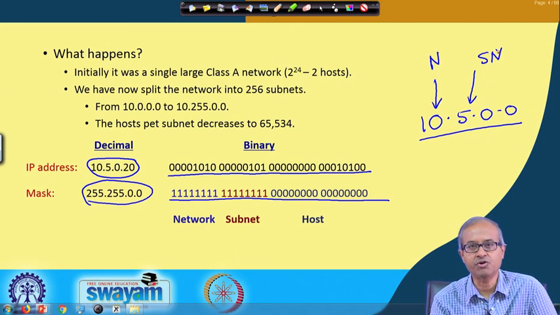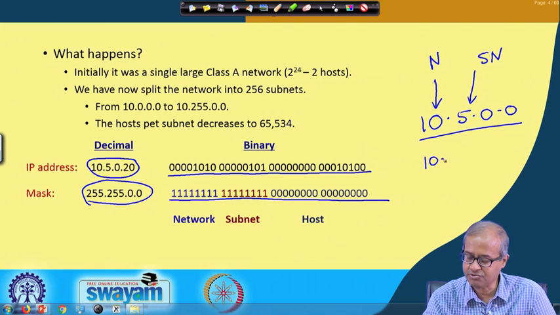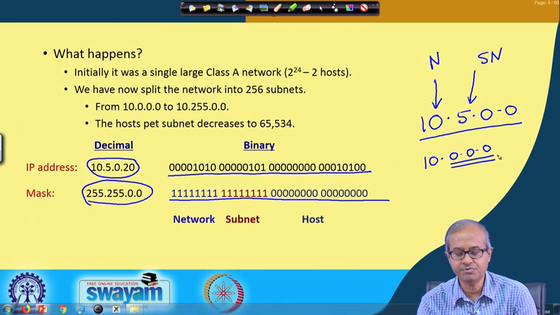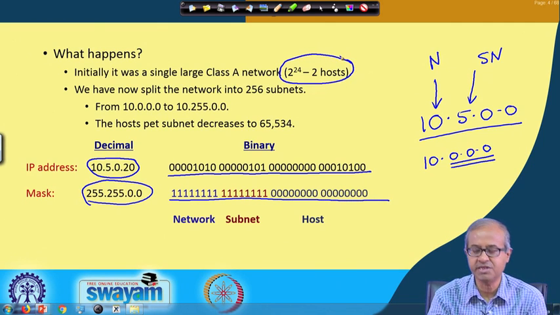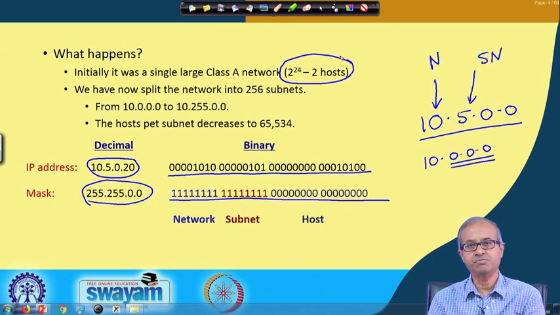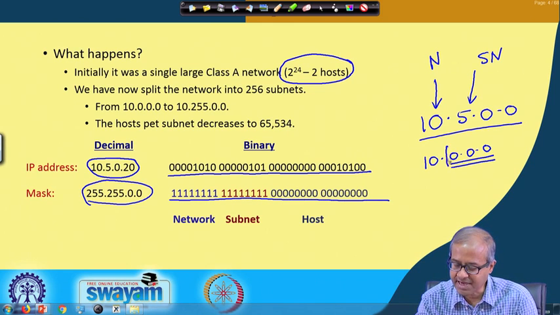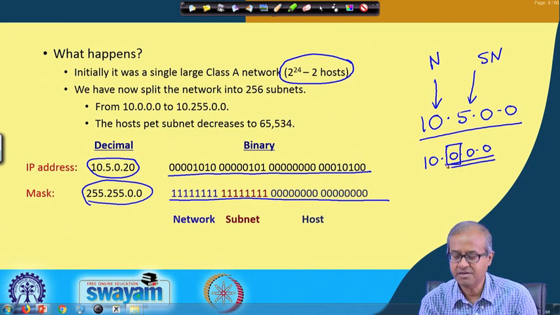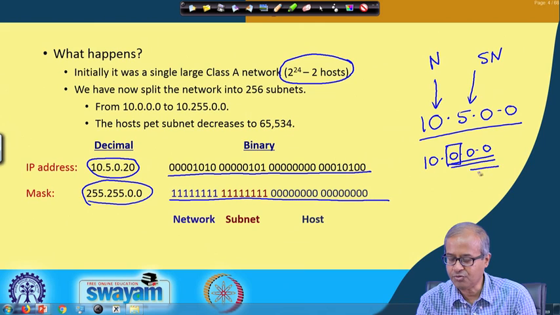So, essentially what we have done: in a class A network, let us say 10.0.0.0, there were 24 bits for the host. So you had a maximum of 2 to the power 24 minus 2 hosts possible. But now we are using this second byte to identify a subnetwork, so you are left with only the last 16 bits.